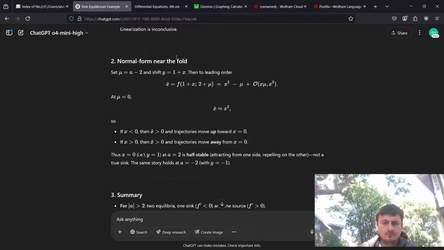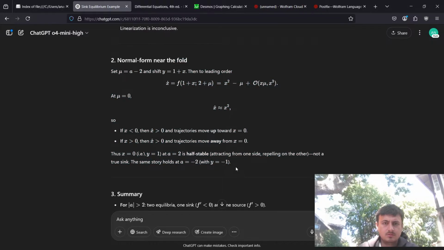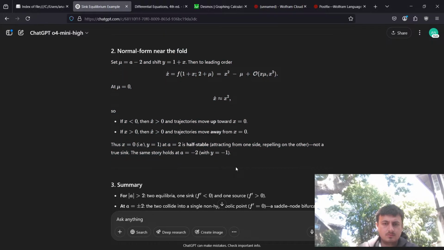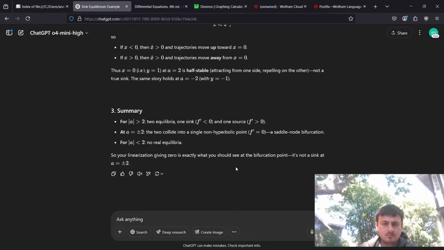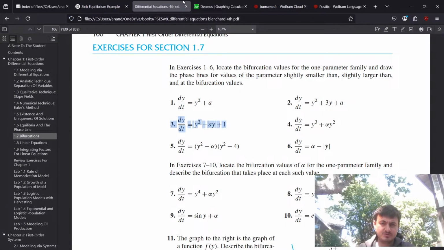Whoa. Saddle node. I don't know what saddle node means, but okay. I'm pretty sure we did that one right. Okay, so this one, the bifurcation value is going to be a equal to 0.